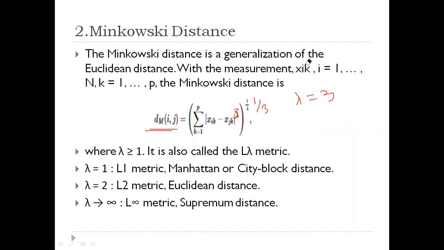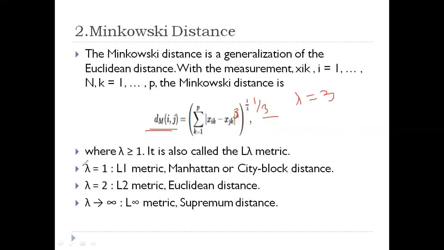It is a generalization of the Euclidean distance, with the measurement x subscript ik, i equal to 1 to n, k equal to 1 to p. This is the formula. You can find Minkowski distance the same way as Euclidean distance, but here the lambda value is 3. Why have I taken 3?